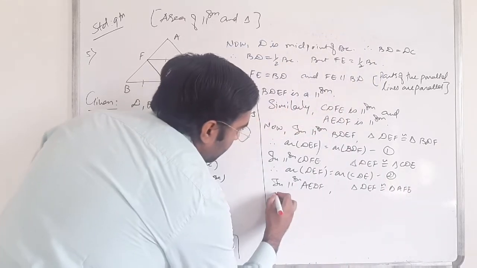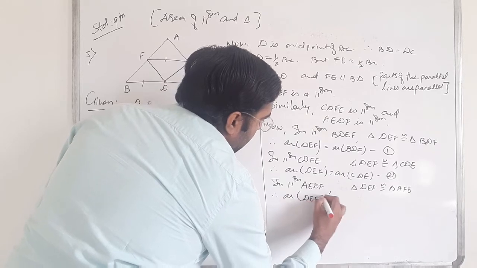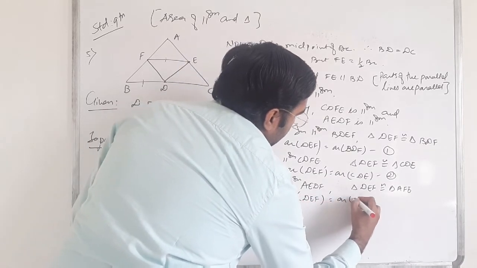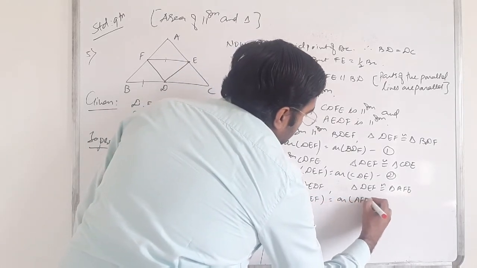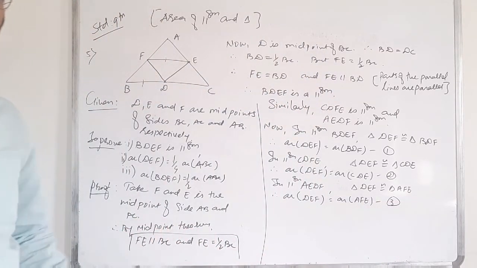Therefore area of DEF is equal to area of AFE. Clear? This is the third equation.